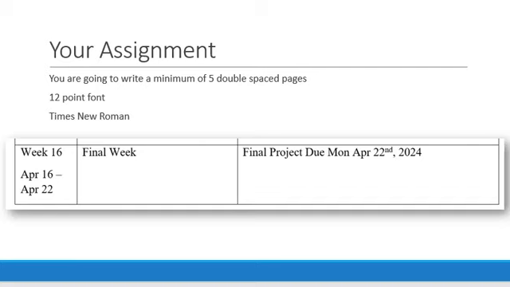So for your assignment, you're going to write a minimum of 5 double-spaced pages. You may write more, that is fine, but we want a minimum of 5. That should be a bare minimum to really start fleshing out an idea or our ideas related to the topic. And I'll discuss the topic here in just a bit.